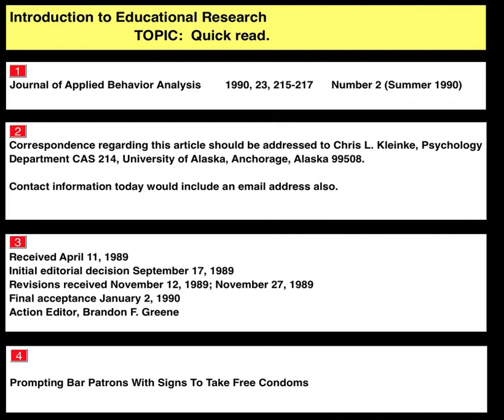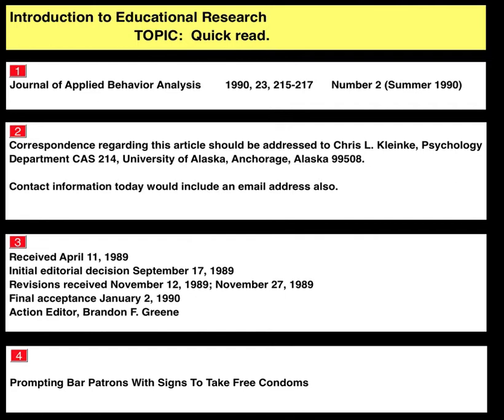And it has sort of the citation information. It was published in the summer of 1990, and it appears in volume 23 on pages 215 to 217. And you can see the red box number 1, that's where that information is. Now, that information may seem trite at the moment, but you'll see later it has some important significance.